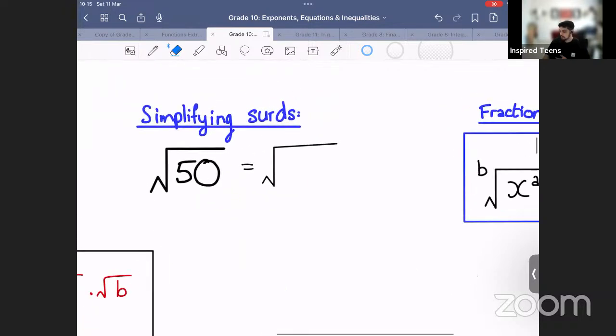Let's talk about simplifying surds. Simplifying surds without a calculator, that is, by the way.